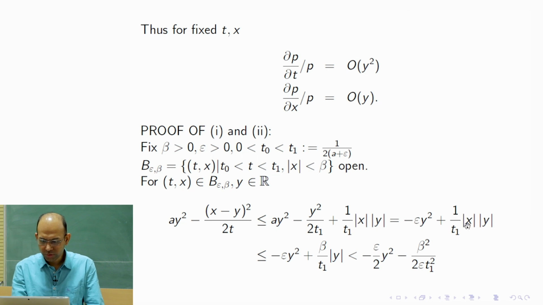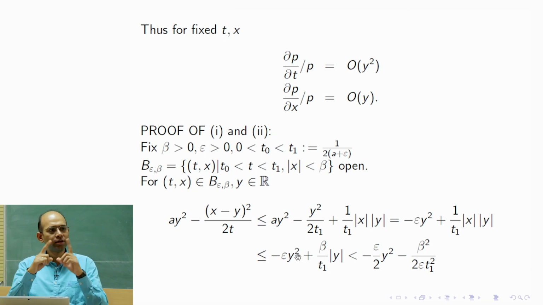So this is 1 over t1 mod x into mod y. However, mod x is less than beta, so I can have this upper bound: this is beta by t1 mod y. So this is even less than, so here I have still mod y involved and y square involved here.